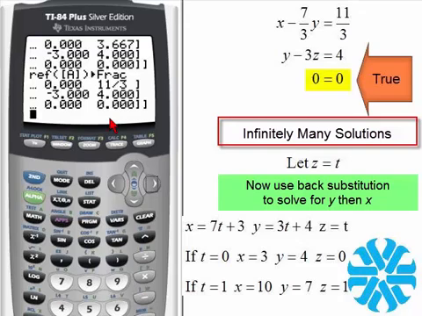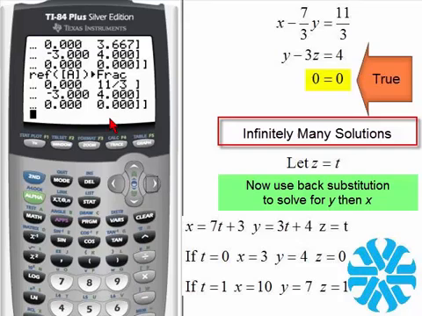Now you let t be any value that you want. This is where the infinitely many solutions comes in. Let's pick an easy value for t. Let's say t is equal to 0. Then x equals 3, y equals 4, and z equals 0.